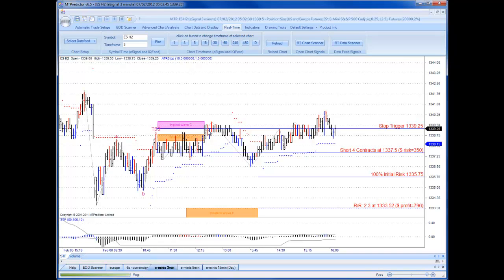But the point being, and what's very important to understand, is that the losses when they come through are what we call -1R. In other words, it's one risk unit. That's why we use correct position sizing to make sure that when the losses come through they are kept small and under control, in this case less than 2% of a sample $20,000 account. And that's important, so losses are kept small at -1R.